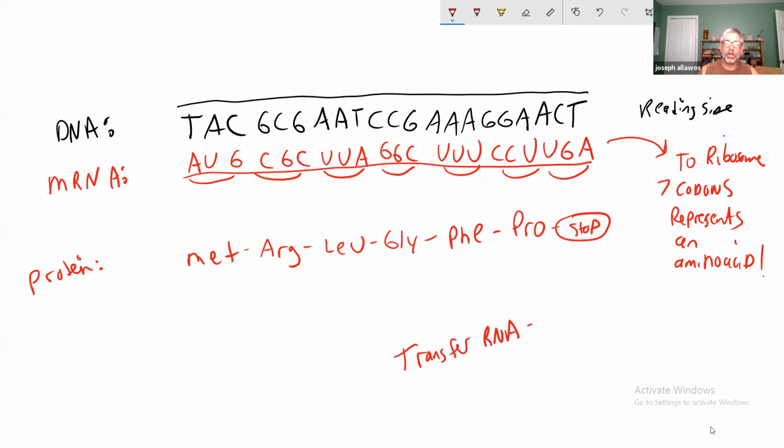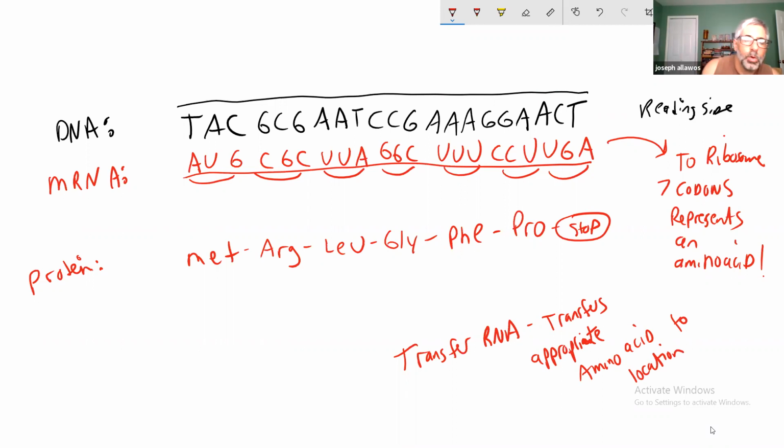And what transfer RNA does is, as the name implies, transfers the appropriate amino acid to location.